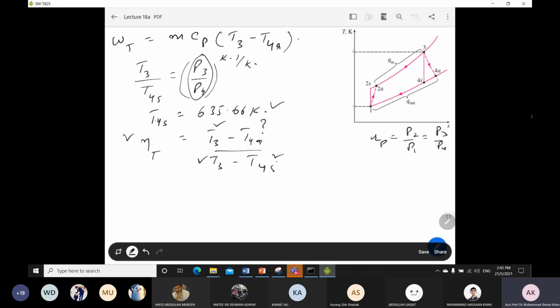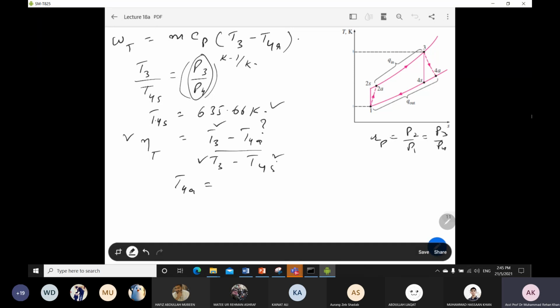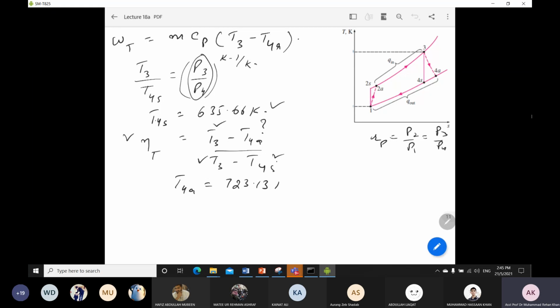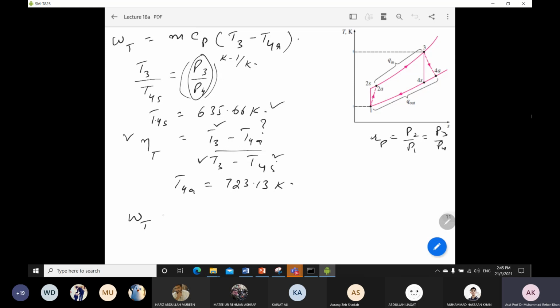If we solve this equation for T4A, we can easily find the value of T4A, which is equal to 723.13 Kelvin.